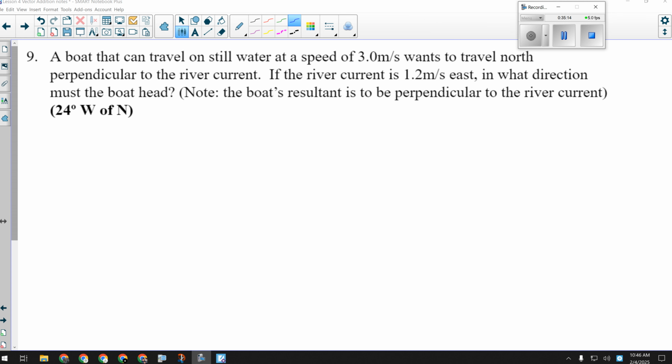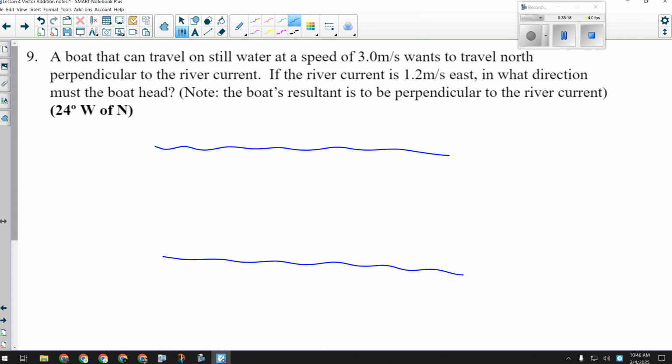All right, guys, so let's just have a quick look at this one here. It's a going across question, okay? So we know that the resultant is straight across the river. We know that the river current is 1.2 meters per second east, and the person can row at 3 meters per second.